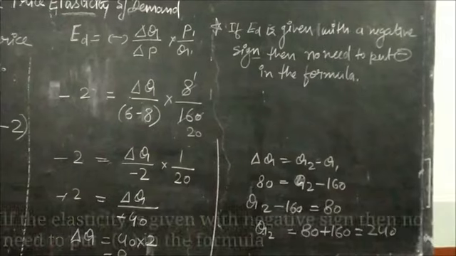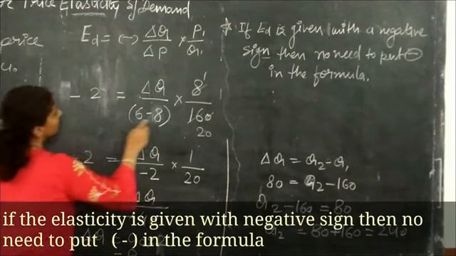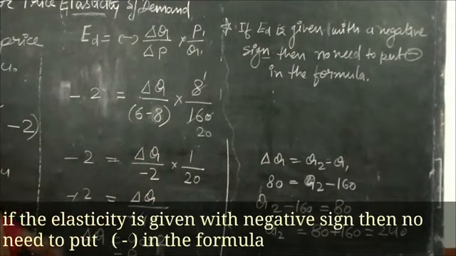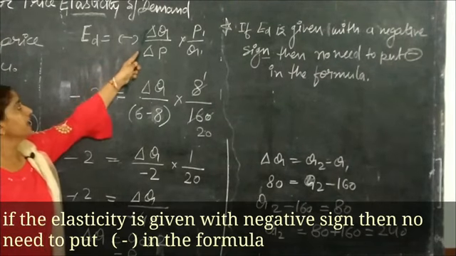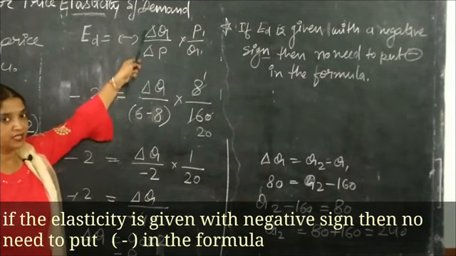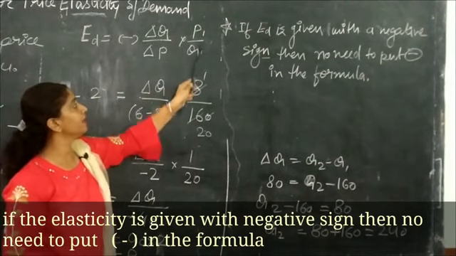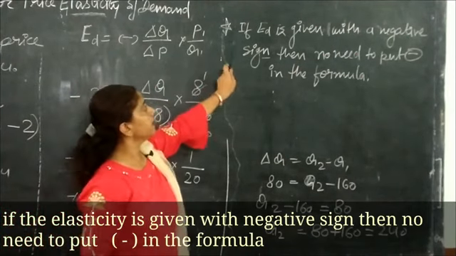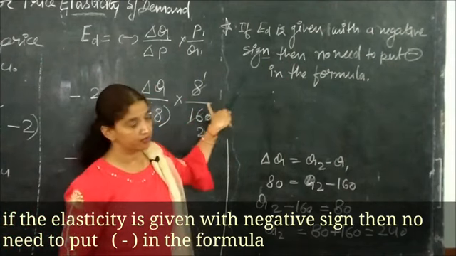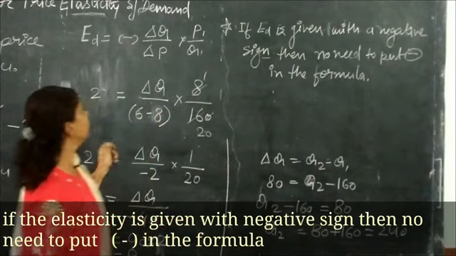Now the solution for this numerical problem. First of all, we will write the formula for the proportionate method. Elasticity of demand equals negative sign, delta Q divided by delta P, change in quantity demanded divided by change in price, multiplied by initial price divided by initial quantity. Here I have written a note that if elasticity is given with a negative sign, there is no need to put the negative sign into the formula.